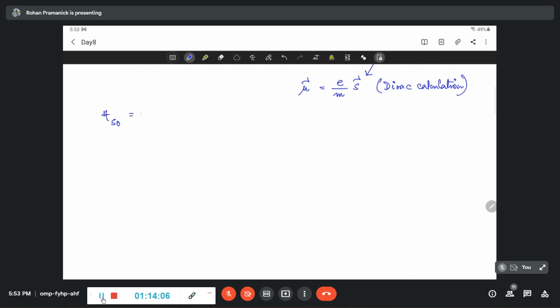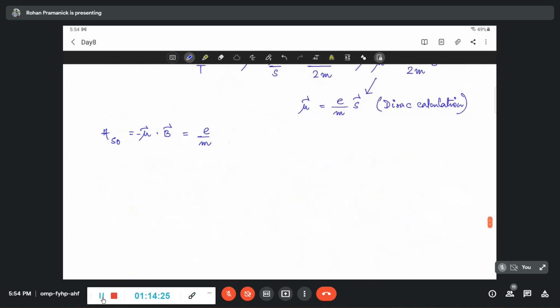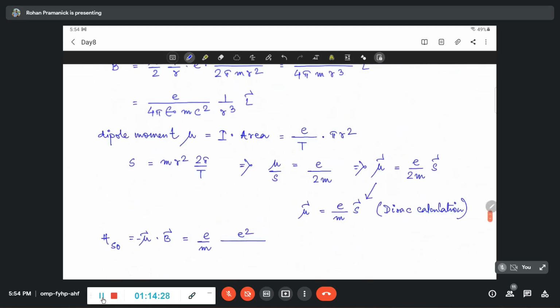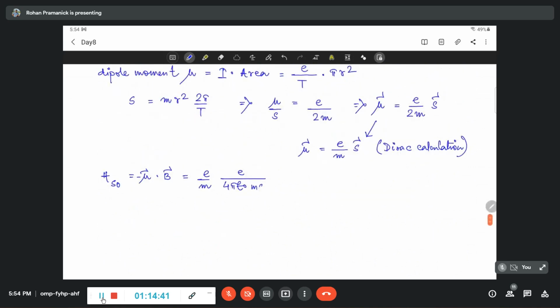H is nothing but minus mu dot B, and if you put this in, you will get e by m and e by 4 pi epsilon 0, then m c squared, 1 by r cubed, L dot S, right?